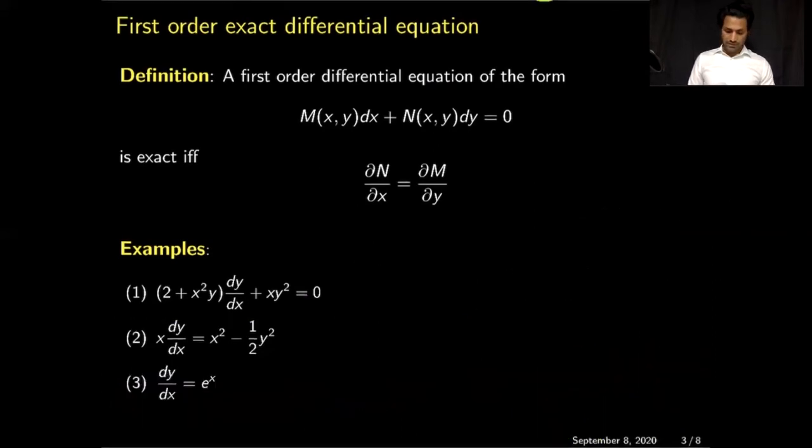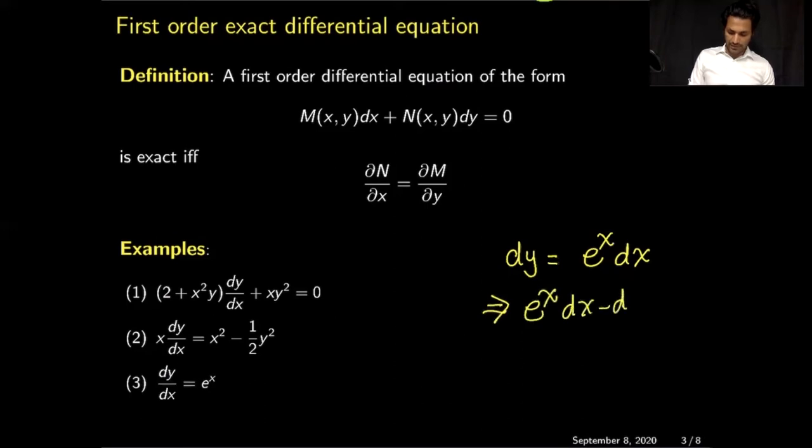Let me take one more example here. Let's check whether this differential equation is exact. So I can write dy is equal to e to the power x dx. And then I will move everything to one side. So I can write e to the power x dx minus dy is equal to 0.